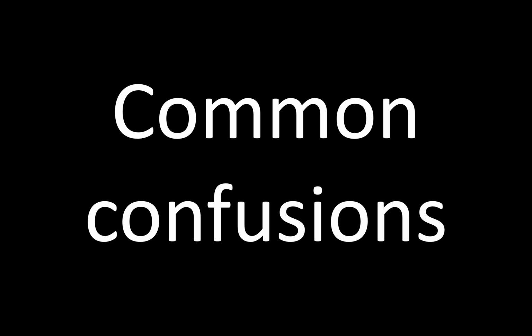Here are some common confusions. Resh and Dalid. One makes an R sound, the other one makes a D sound. Vet and chaf. They look very similar. V, ch. Same thing when they have a dagesh in them.